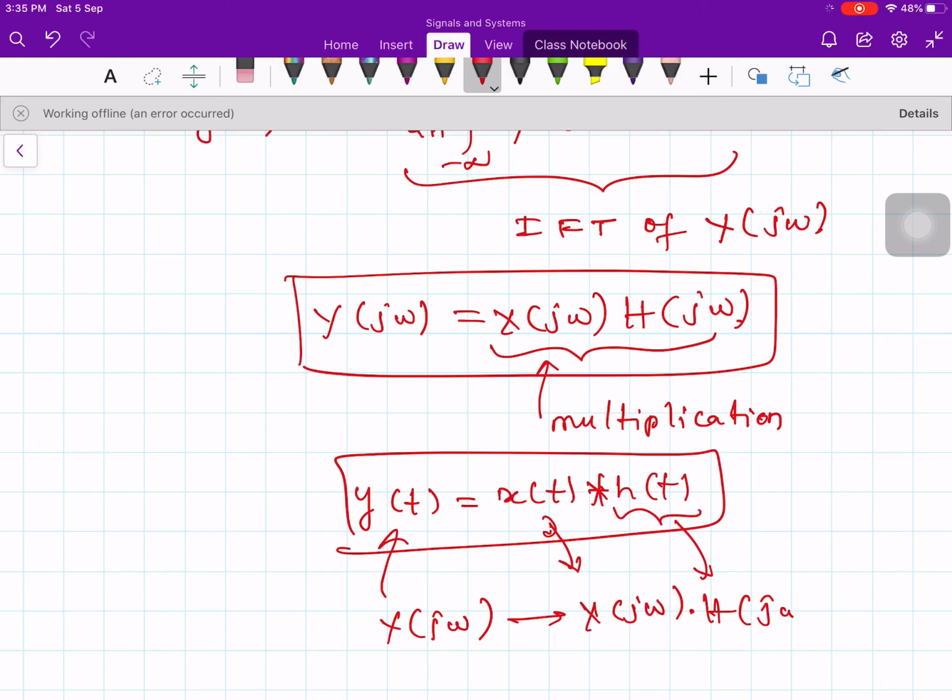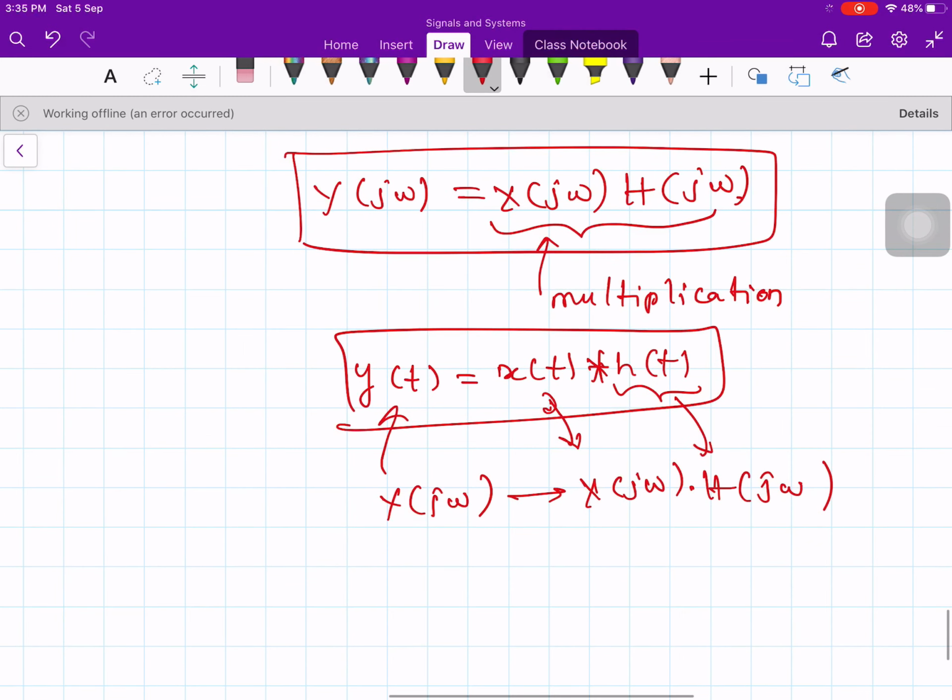One important point is, we have been talking about the forced response, the particular integral solution. We will explain later that this indeed will be the total solution. This Y of j omega will indeed be the total solution, because when I say total solution, it includes the transients also.